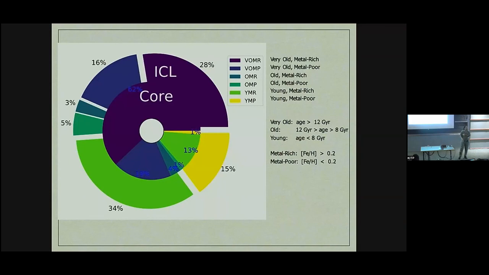And also you want to take all these numbers with a huge grain of salt because they're based on this one fitting code that we used. We did a lot of tests changing various parameters. Although the specific numbers change, we always find that same drop in ages at about 1 RE and smooth decline in metallicities as well.